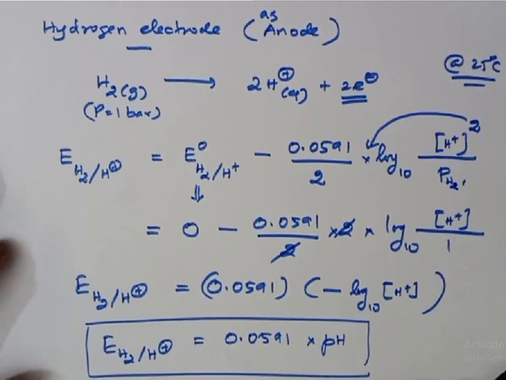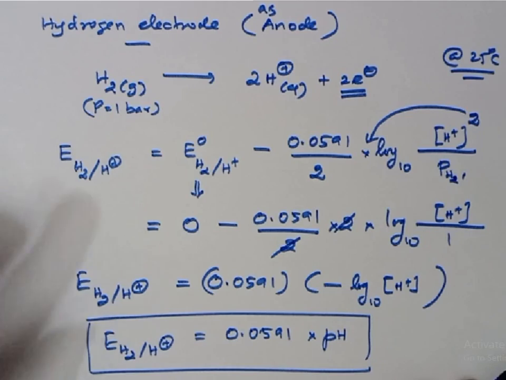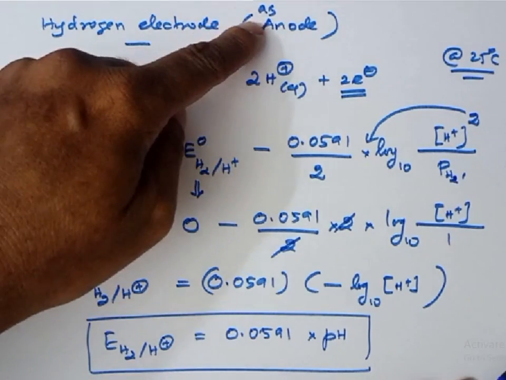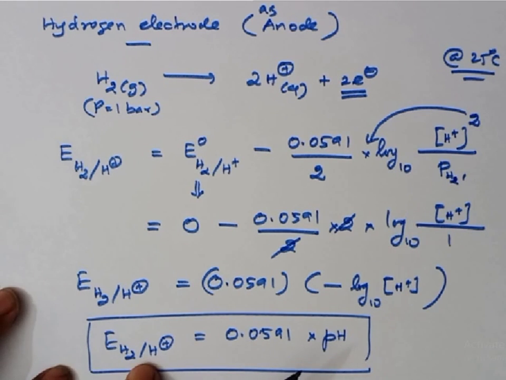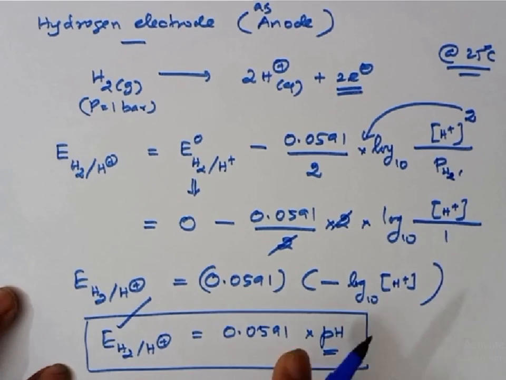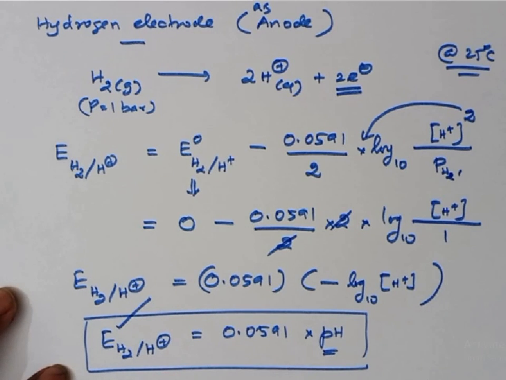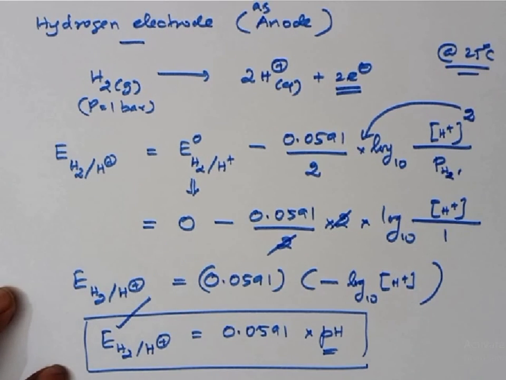Students, observe carefully, very very important. When the hydrogen electrode acts as anode, you will get this relation between the oxidation potential and pH. Oxidation potential equals 0.0591 into pH of the solution. So if you measure this experimentally, then you can calculate the pH of the solution. This is one of the important applications of galvanic cells.